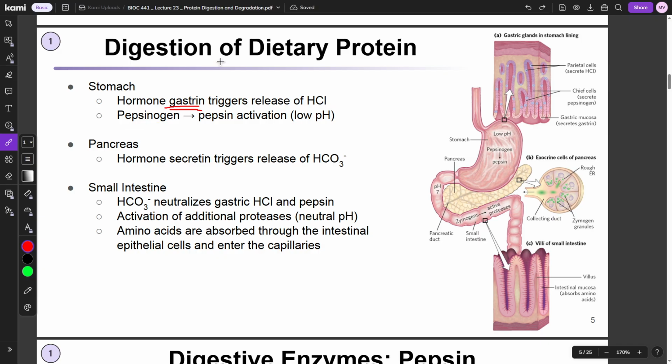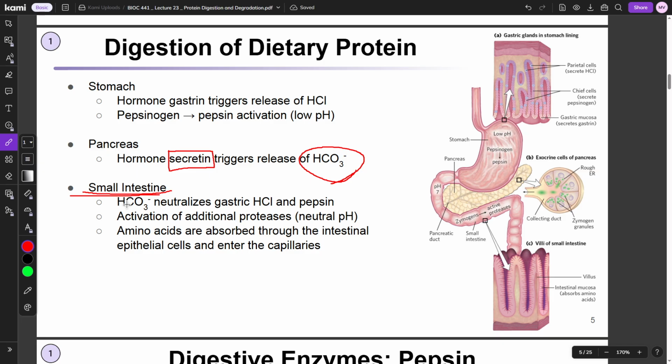After we have done that, we then have the pancreas release bicarbonate to neutralize all of the acid that's in the stomach. I need to rephrase that. It releases secretin. Secretin is released by the small intestine in response to the low pH, and this secretin triggers the release of bicarbonate by the pancreas.